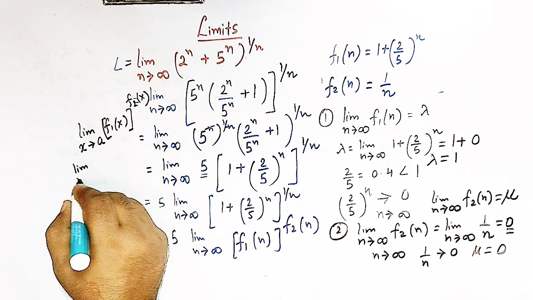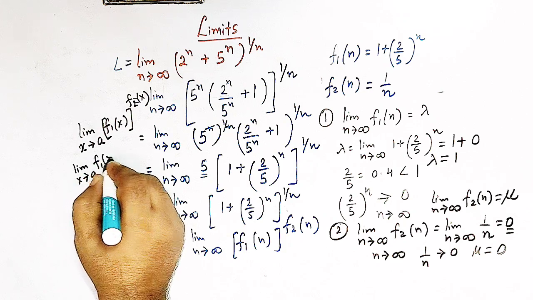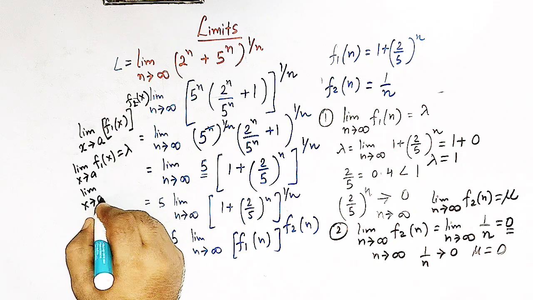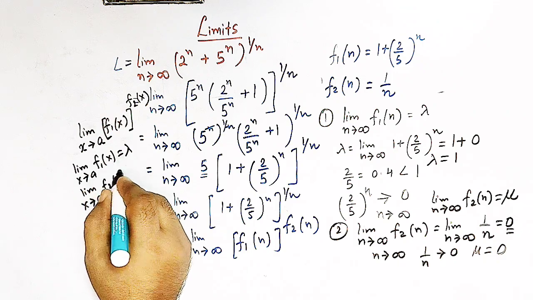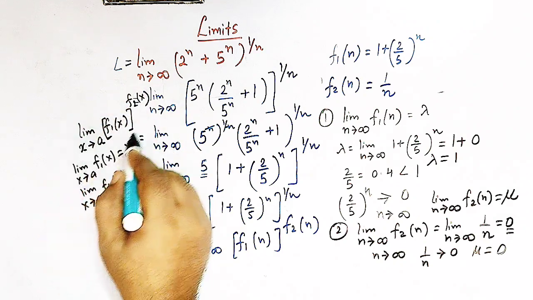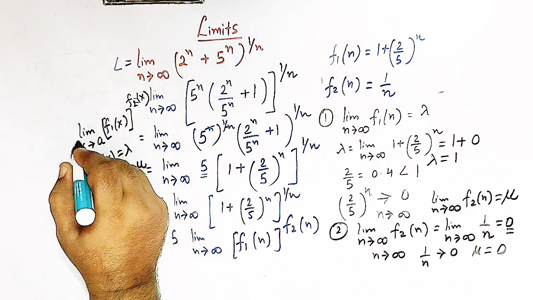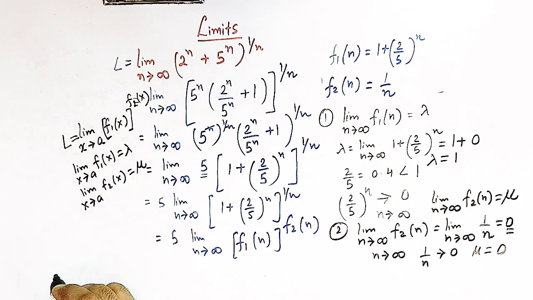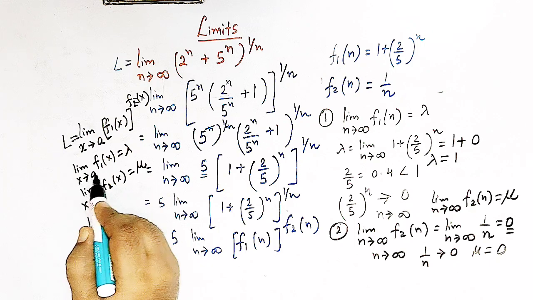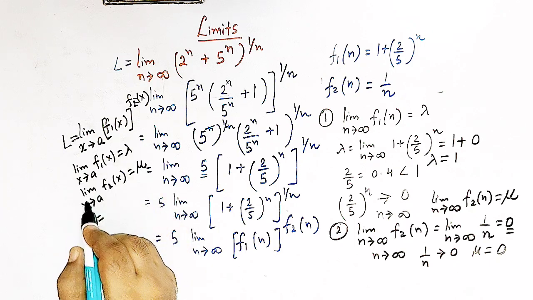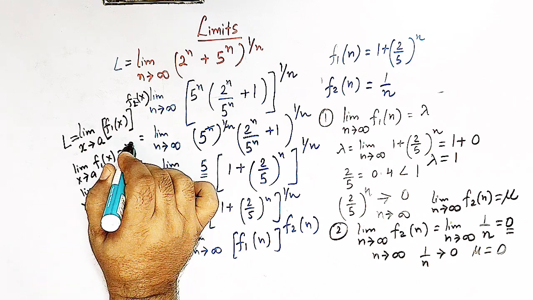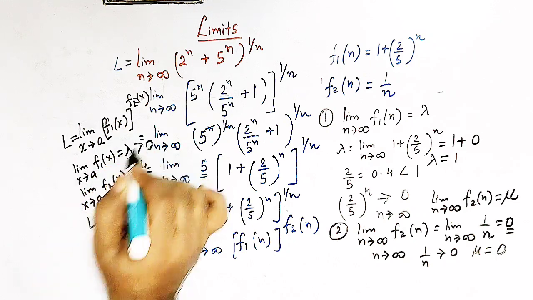If we take limit x tends to a of f1(x) as lambda, and limit x tends to a of f2(x) as mu, and suppose this limit is L, then the value of this type of limit, provided lambda must be greater than 0, right?